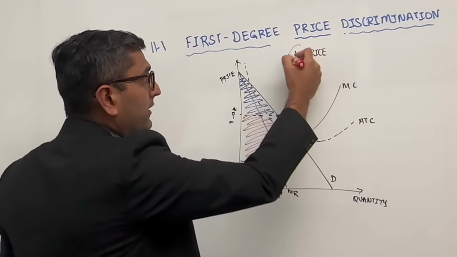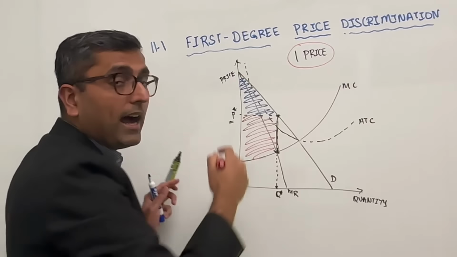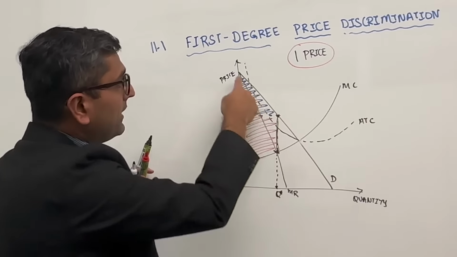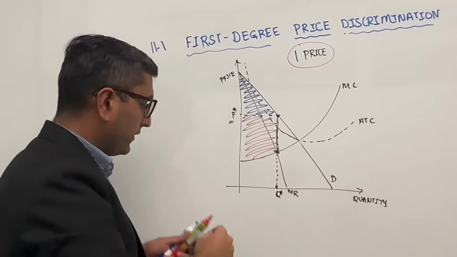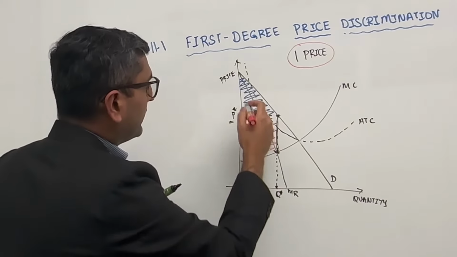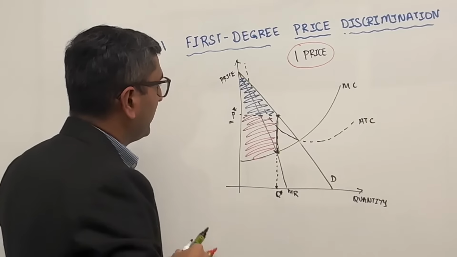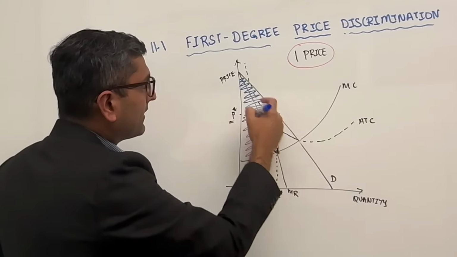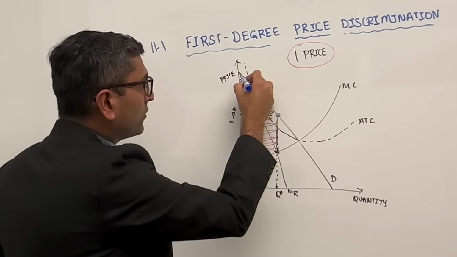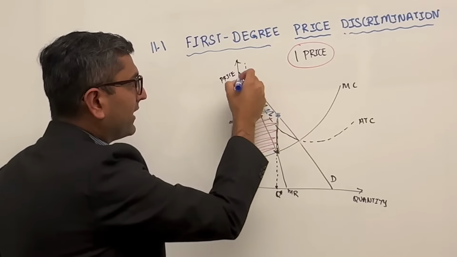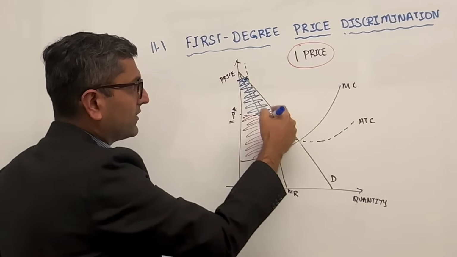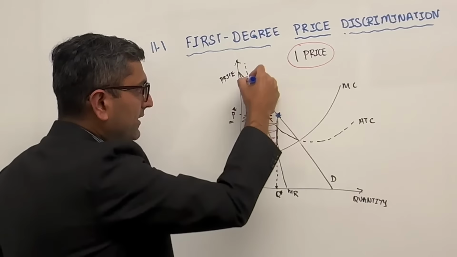But what if I, as a monopoly with high pricing power, could charge many different price points? The reason there is a consumer surplus here is because the price is at this point. This customer was willing to pay me this price, but I am charging him or her this price, and so they benefit from this surplus.